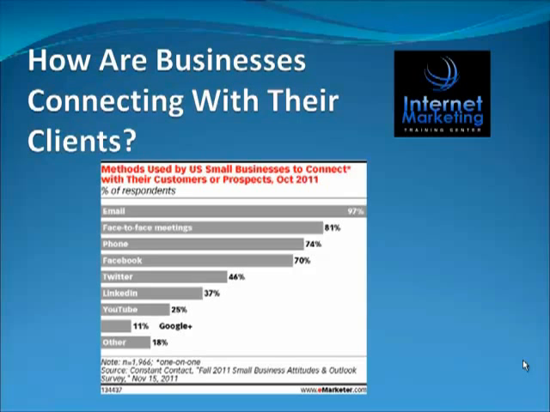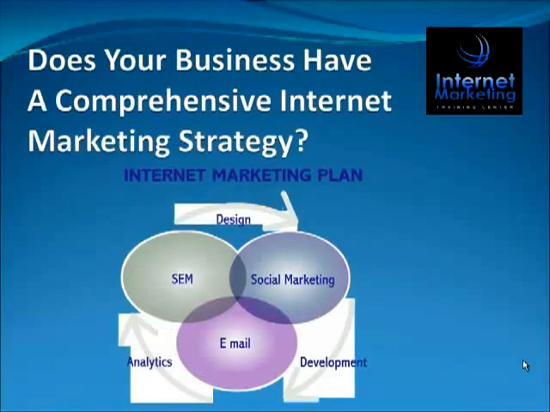And look at Facebook, Twitter, LinkedIn, YouTube, Google Plus. Look at all these other ways that people are connecting with their customers. So if you're not leveraging the internet through your email, Facebook, LinkedIn, Twitter, YouTube, and driving people to face-to-face meetings and phone meetings with your website, then you're missing out on a boatload of money.